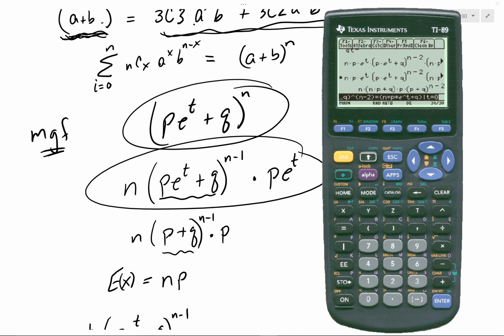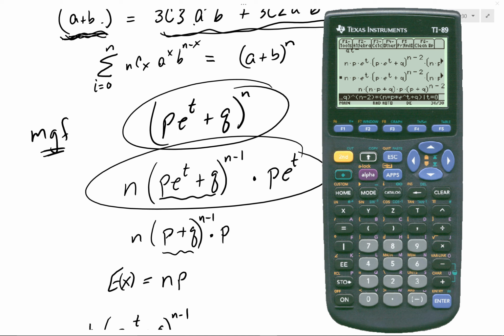And then, again, you have to be smart enough to know that p plus q is 1. And then, of course, you're still going to have to do some fancy footwork in here to get that to factor out correctly. But what you end up with is, of course, this is 1, so you get np, and then it's np plus q in there, and then you can just do some fancy footwork there and make that come out right. It's pretty nice.